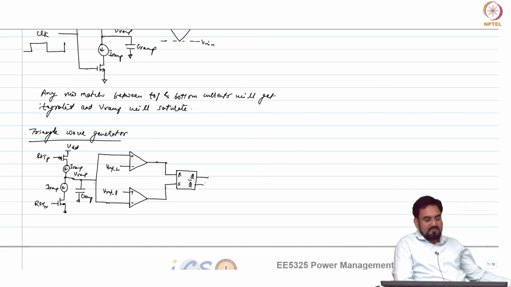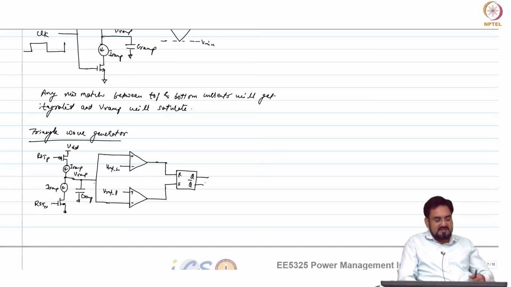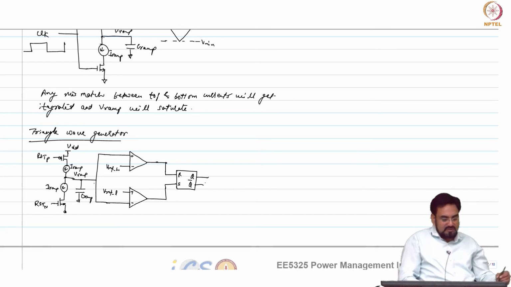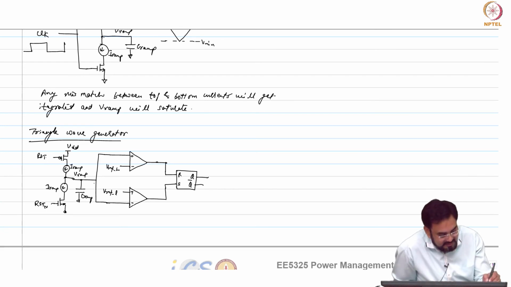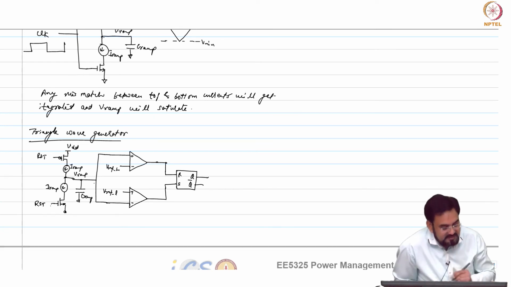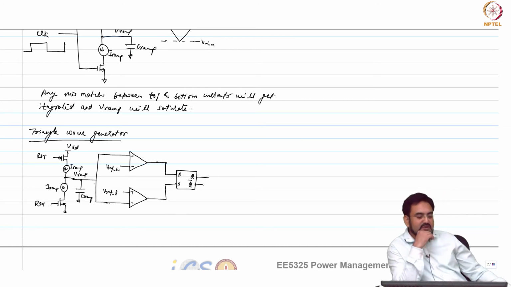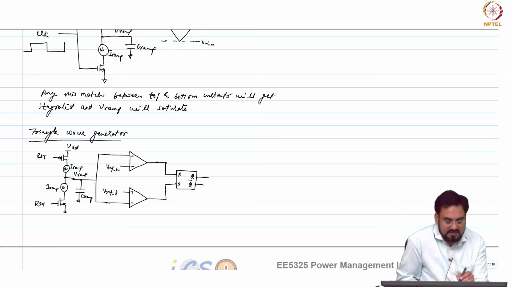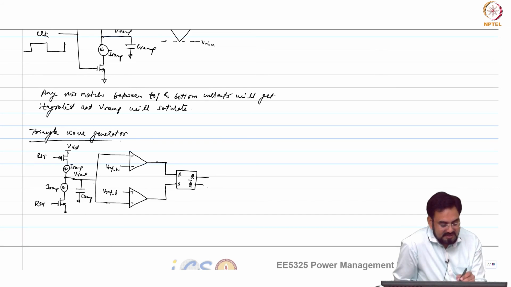Okay, so which signal should drive the reset? So now let me call it reset. Q or Q bar? So when this goes high, it will reset and this should start discharging.